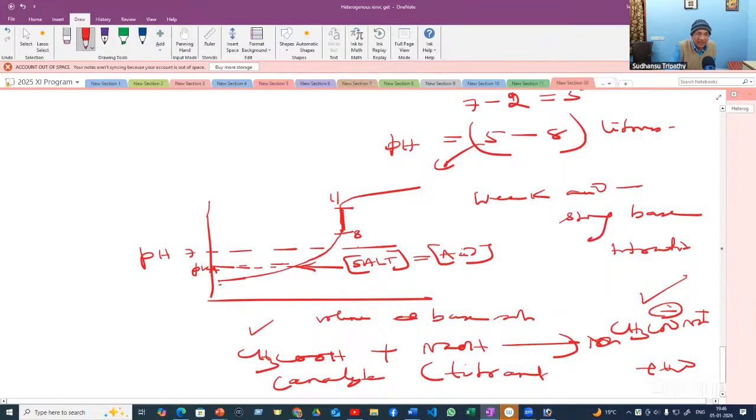We get a solution that is distinctly basic, and it falls in the 8 to 11 region, and therefore we choose phenolphthalein as the indicator. You cannot take methyl orange or litmus, because it will start showing a change of color from a lower pH value, but the equivalence point has not yet been reached.